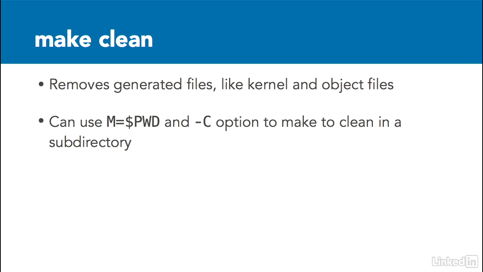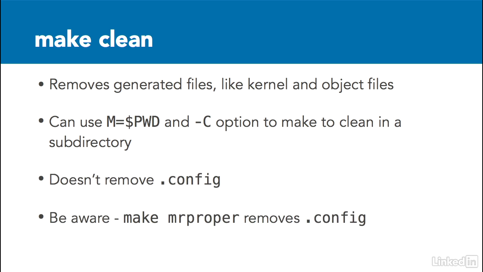And then you say clean. So it would be make -C, maybe /lib/modules/..., space, M=$PWD space clean. The clean doesn't remove a .config if you have one, if you do it at the top. But remember, make mrproper does. So make mrproper is a little more brutal than make clean.